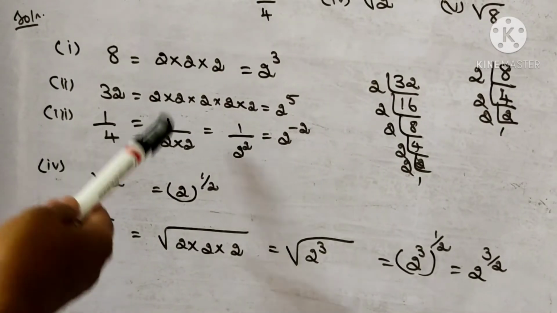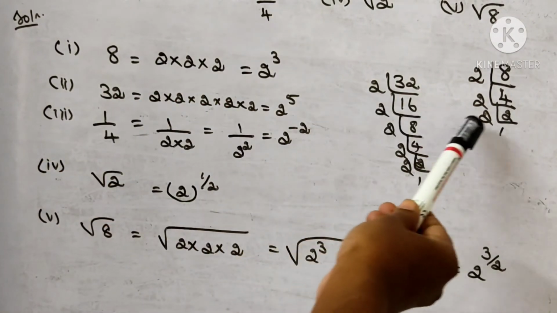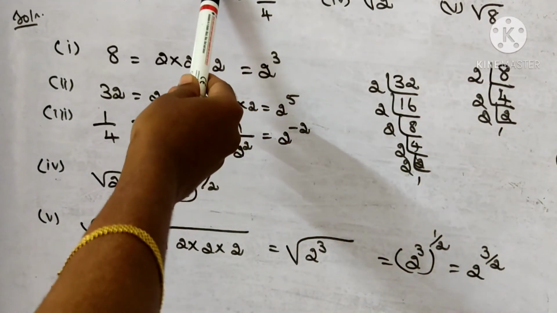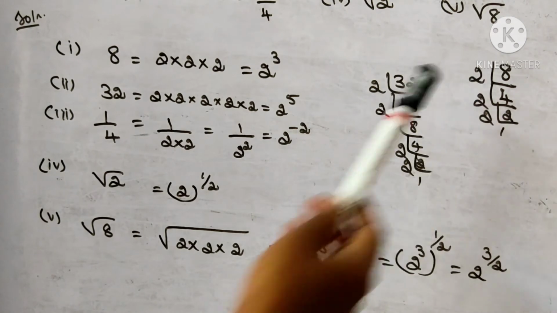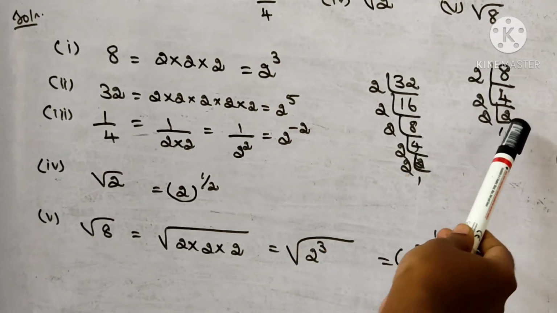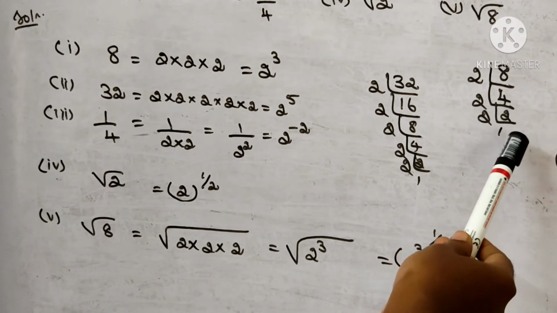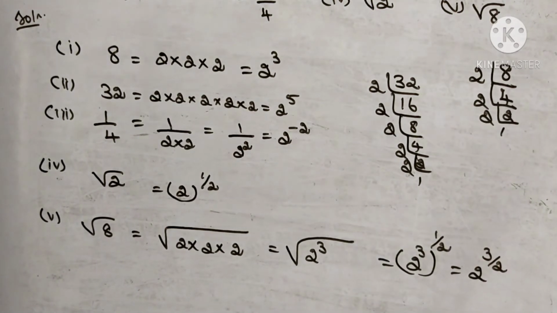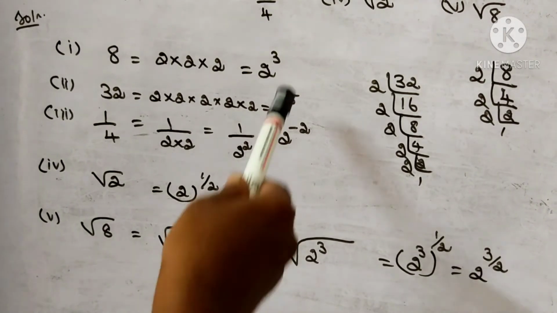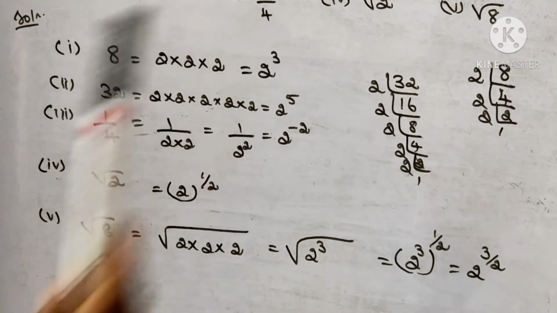So for 8, I will use the LCM method. I take 2 because you want the form 2 power n. 4 2s are 8, 2 2s are 4, 1 2 is 2. How many times do we get 2? 3 times, so we write 2 power 3.